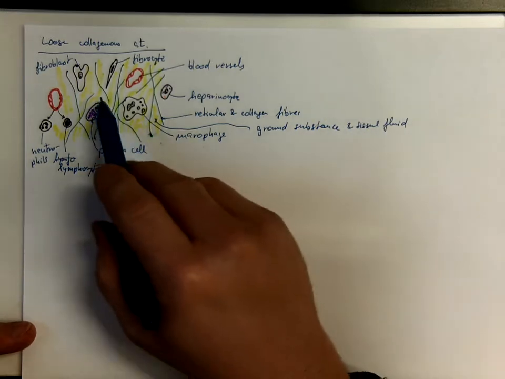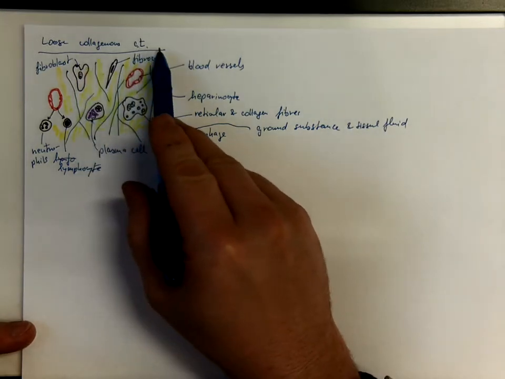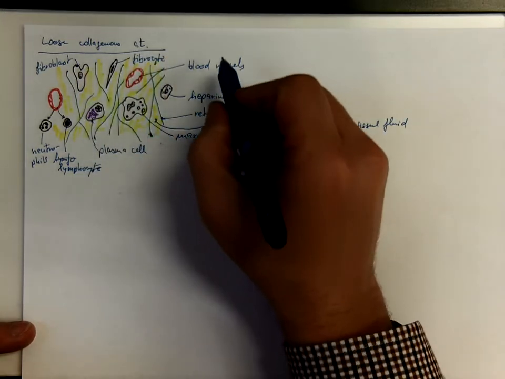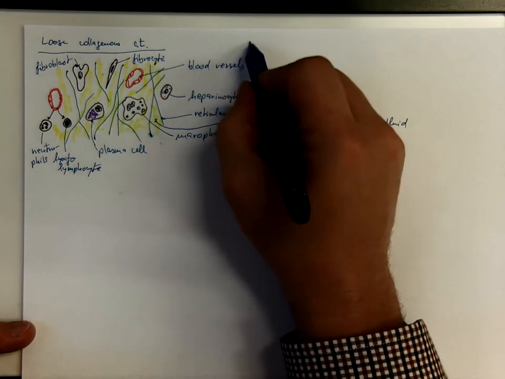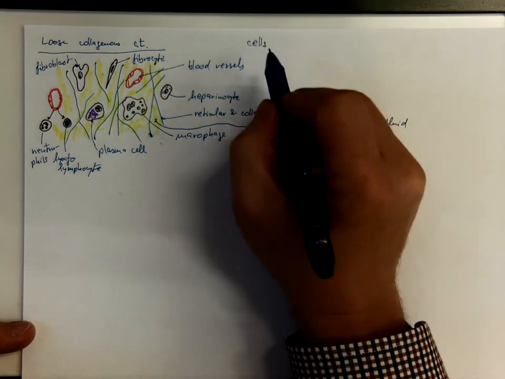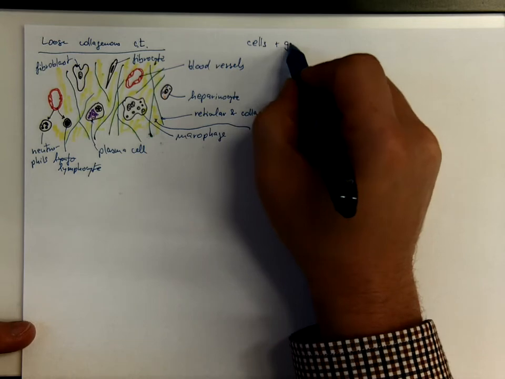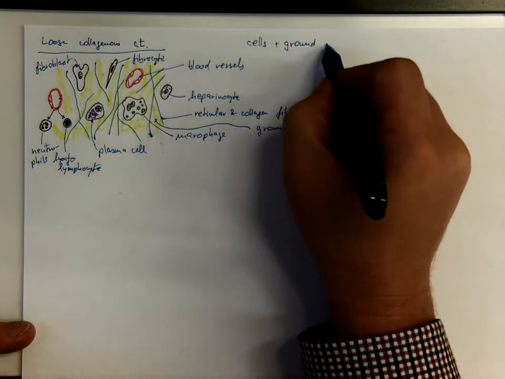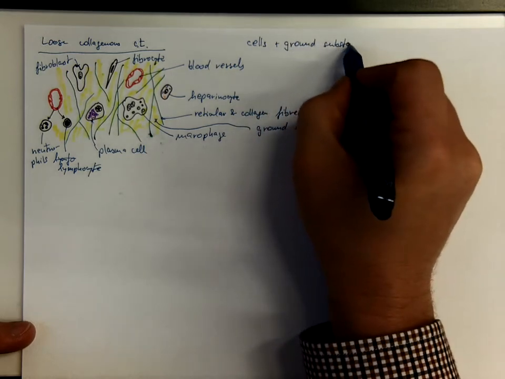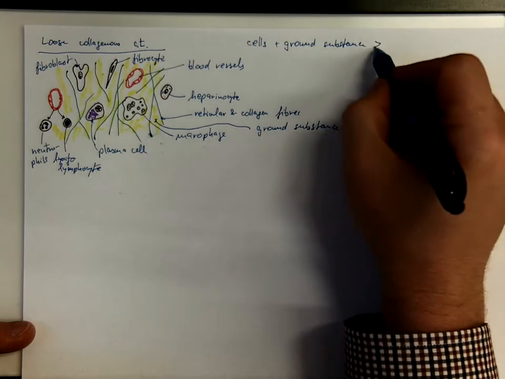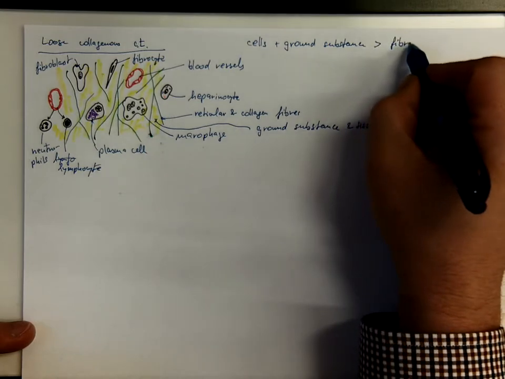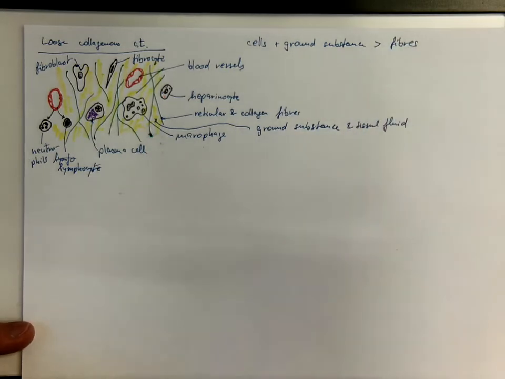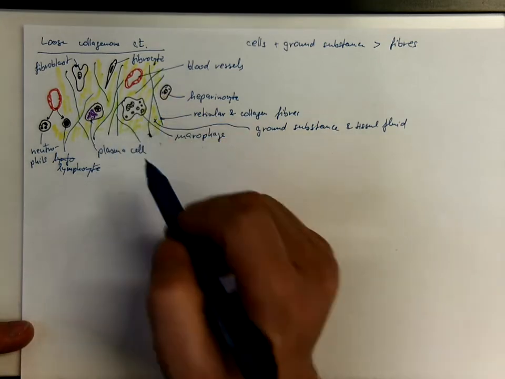What makes loose collagenous connective tissue a loose collagenous connective tissue is that the cells and the ground substance prevail over fibers. So the fibers represent the minority of the tissue.